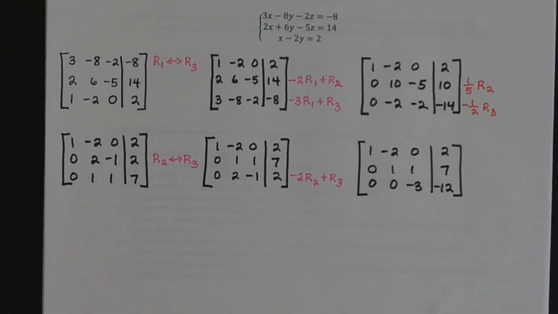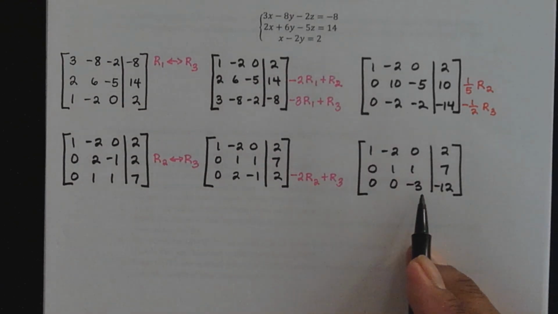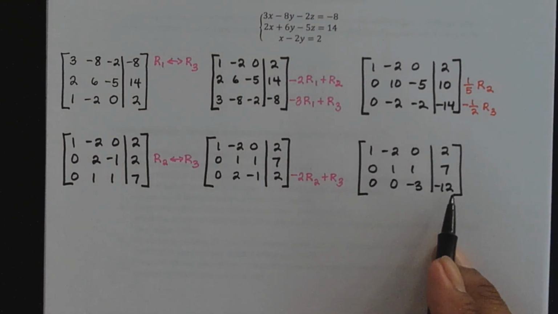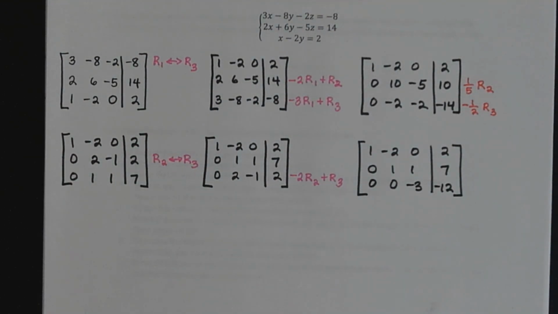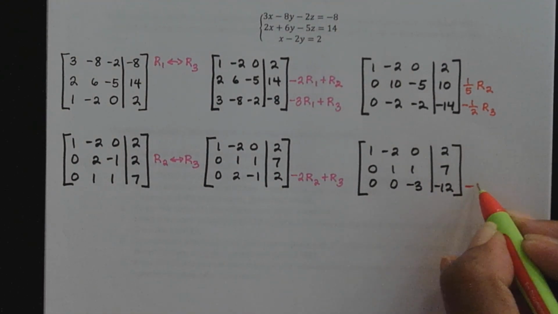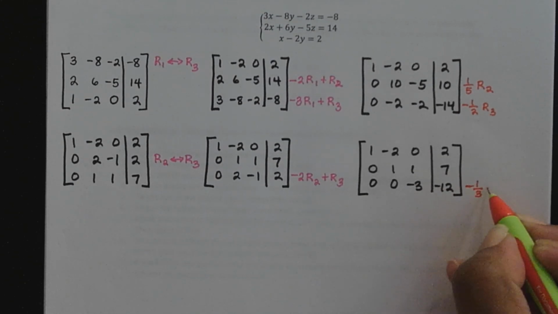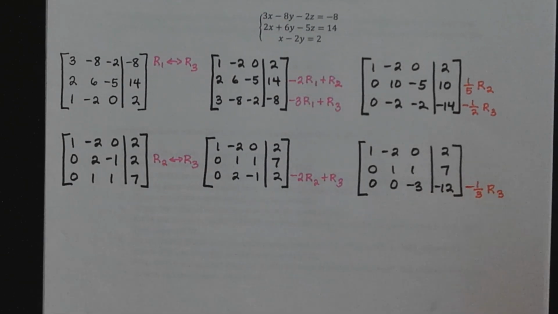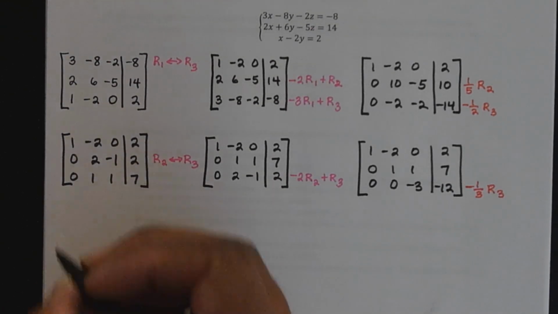And I'm almost done because notice I have a negative 3 and a negative 12. They're multiples of 3. So I can get a 1 right there easily. And since they're both negative, I'm going to do negative 1/3 times every element in row 3.